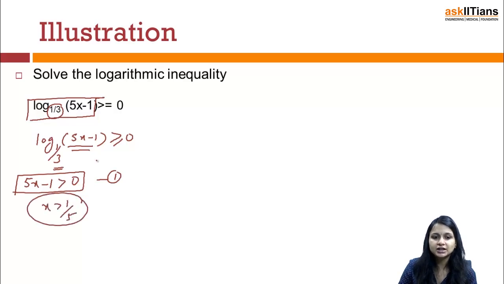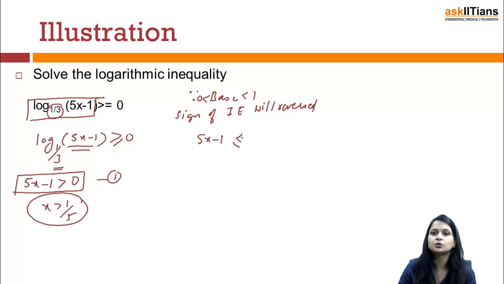Now let us solve this inequality, because my base is less than 1. Since the base is lying between 0 and 1, the sign of inequality will change. I'll say it will be reversed. So I can say that 5x minus 1 less than equal to 1 by 3 raised to the power 0.